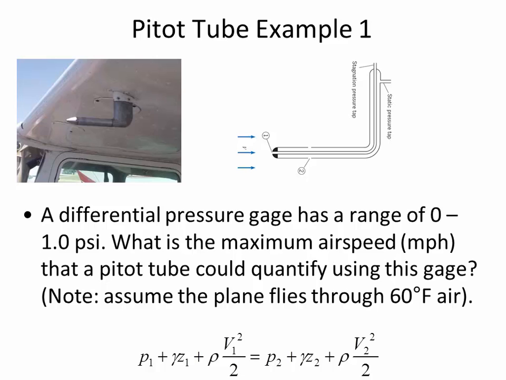So we have to multiply the pressures by 144 in order to go from pounds per square inch into pounds per square foot. And sometimes it's hard to know, do you multiply or do you divide? Sometimes I just have to draw this little thing or imagine it in my mind: if you have 1 pound in a square inch, how many pounds are you going to have in a square foot? Obviously, it's going to be a lot more than that. It's going to be 144 pounds per square foot if you've got 1 in a square inch.